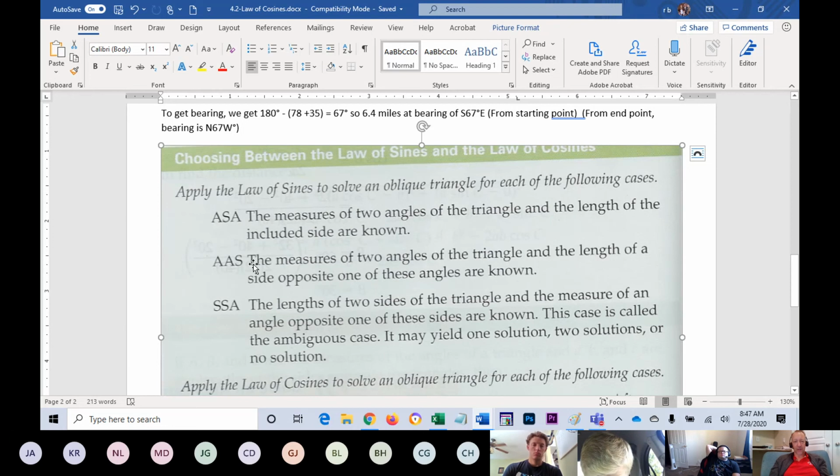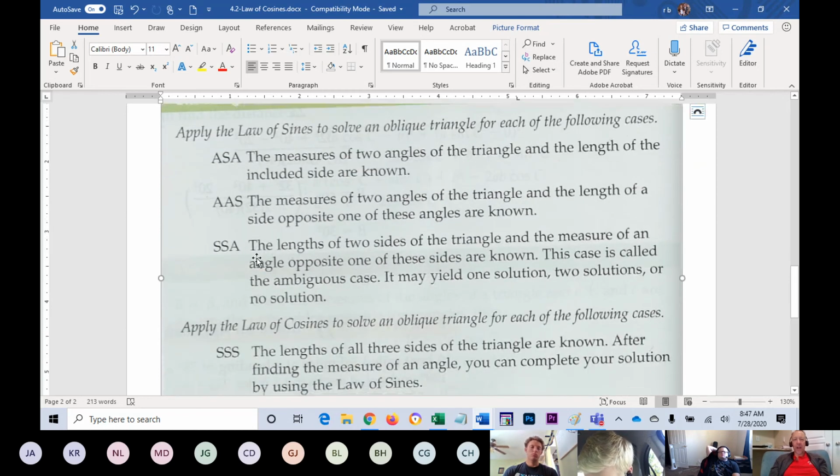Angle, angle, side is the measure of two angles and the side opposite one of those angles. Side, side, angle is the length of two sides of the triangle and the measure of an angle opposite one of those sides. This is called the ambiguous case, and it may yield one solution, two solutions, or no solutions, okay?